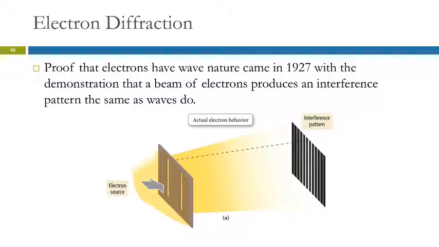Light is a wave. This demonstrates that electrons also behave like waves. Of course, you can't see the electrons here. They don't make a physical light on the screen, but you use a detector and you can reproduce a similar idea. So that's what the electrons do.